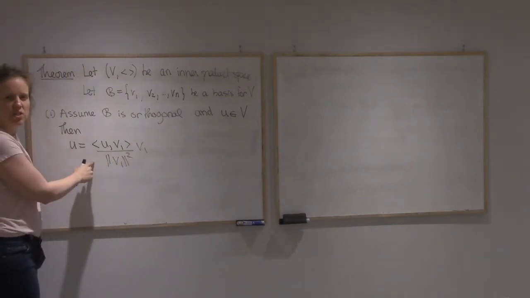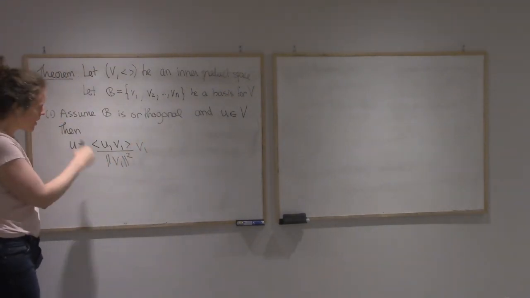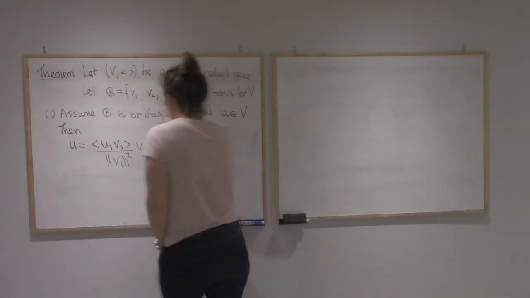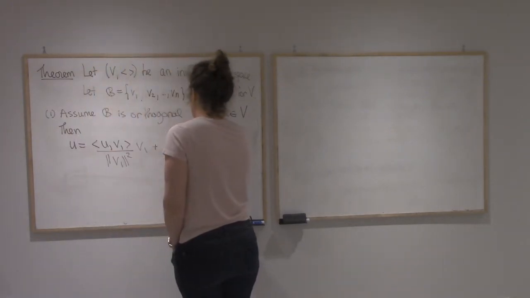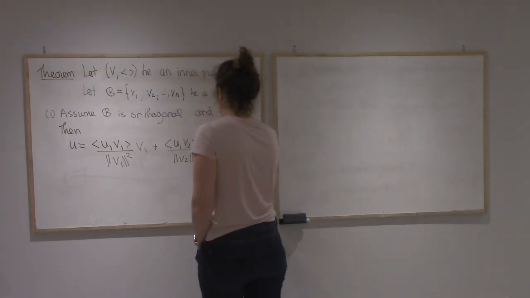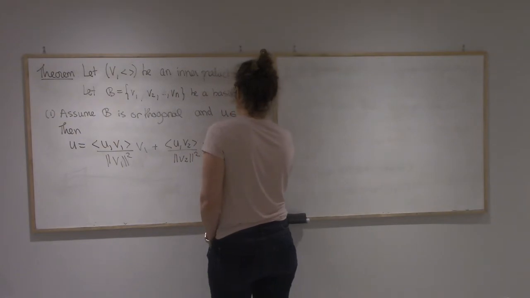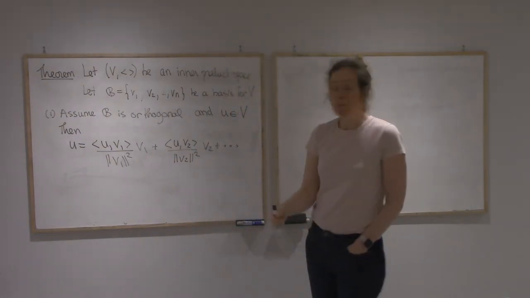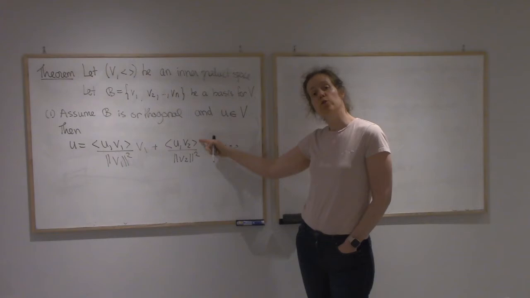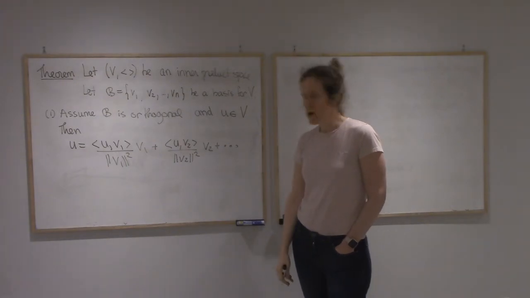This should remind you a bit about the projection, right? It looks like the projection we had in Rn. Same thing here, and same thing everywhere. So the inner product and the lengths give you the coordinates.